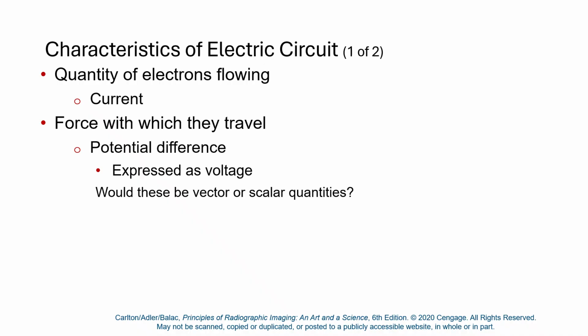Okay, so the quantity of electrons flowing, or the rate of charge flow, is called current. And it literally is the unit of measure for charge. You remember from the Coulomb force, the product of the charges over the distance is the force.